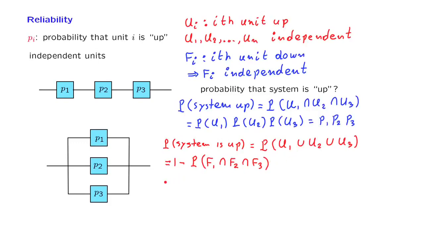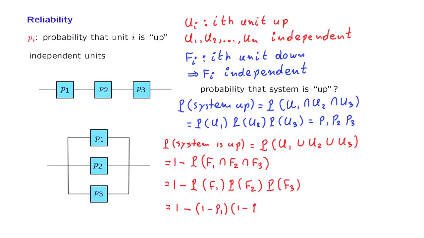And now we're in better shape because we can use the independence of the events f to write this as 1 minus the product of the probabilities that each one of the units fails. And with the notation that we have introduced using the Pi's, this is as follows. The probability that unit 1 fails is 1 minus the probability that it is up. Similarly, for the second unit, 1 minus the probability that it is up, and the same for the third unit.